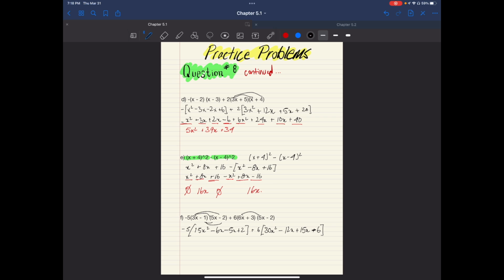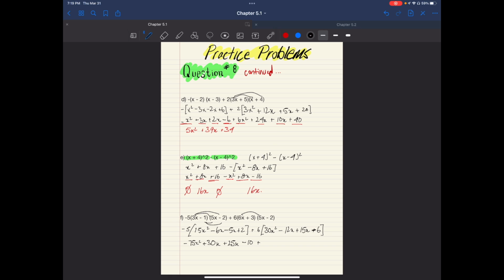Now, we have to distribute the negative 5 and the negative 6. 15 times negative 5 is negative 75x squared, plus 30x plus 25x minus 10.